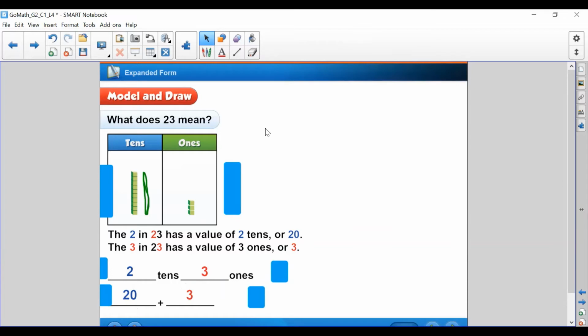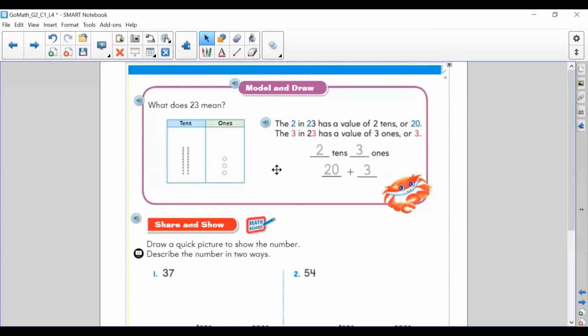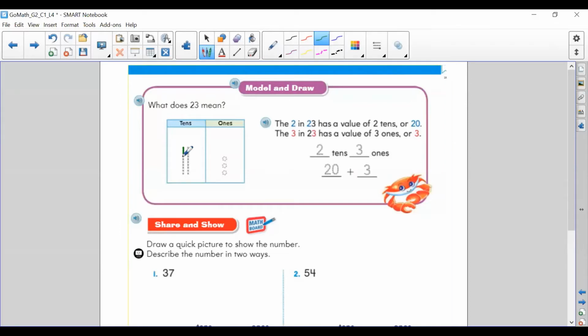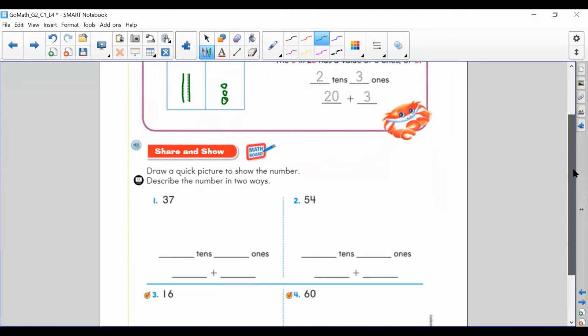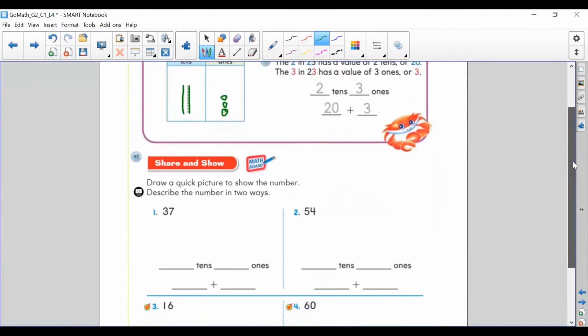So going back to our work page, if you would like, when you see these little light colored lines, this means that you can just trace them just to give you some practice with showing a quick picture for the number 23 and then writing in the numbers 2 and 3 and 20 plus 3 so that we get ready for what we're going to do down here, which is the same thing.